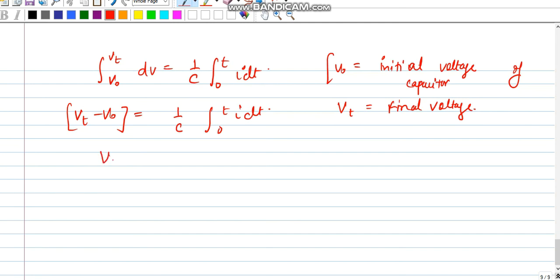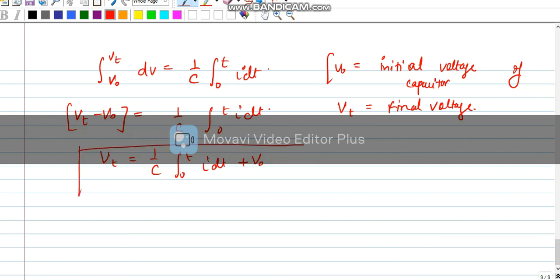That is, Vt is equal to 1 upon C integrating from 0 to t of I dt, plus V naught. This is the formula of voltage across the capacitor.